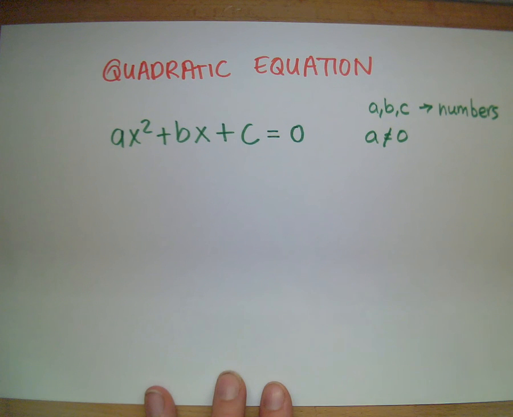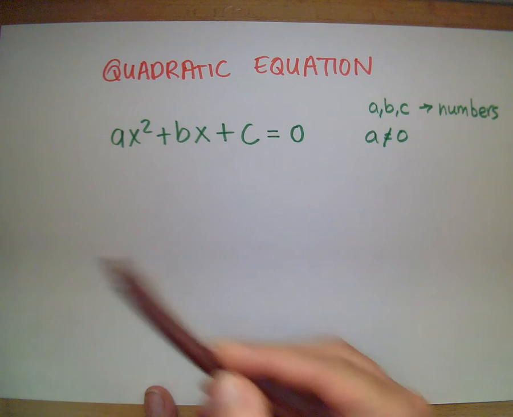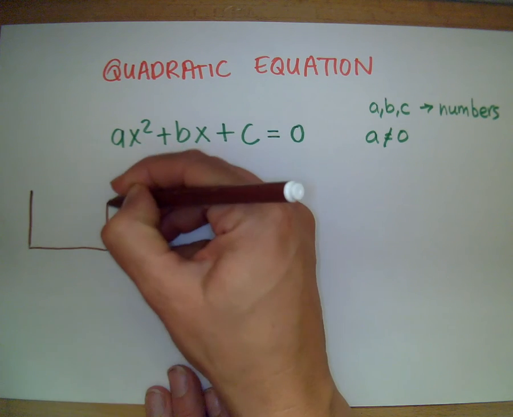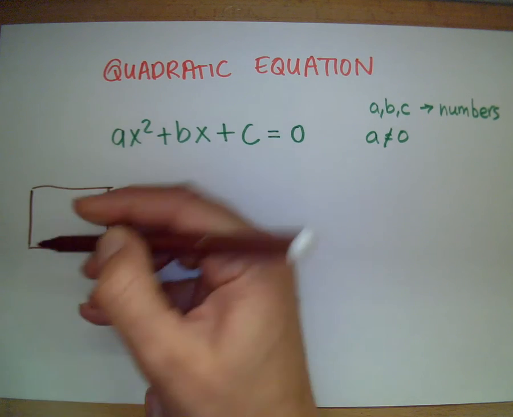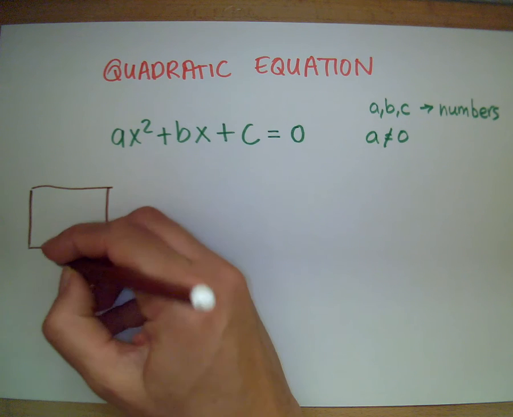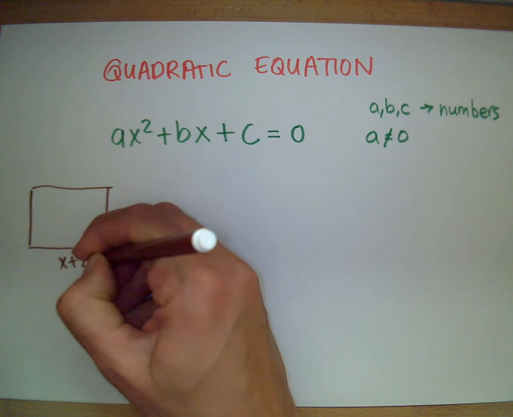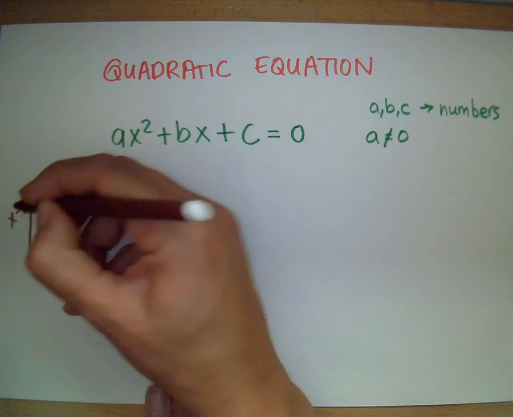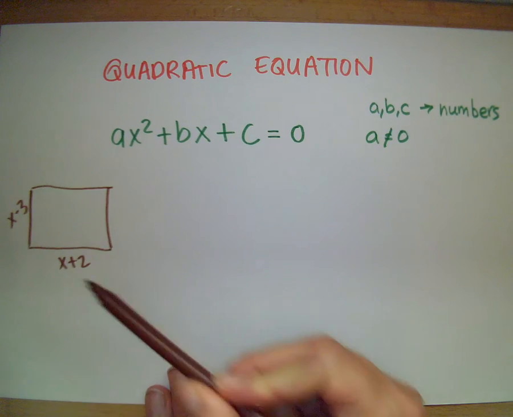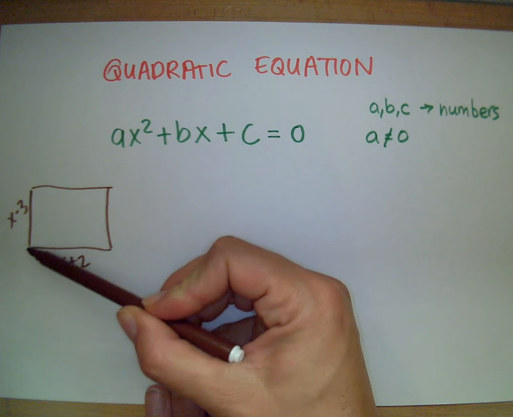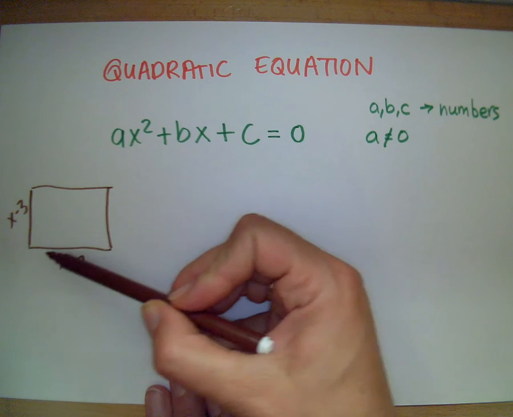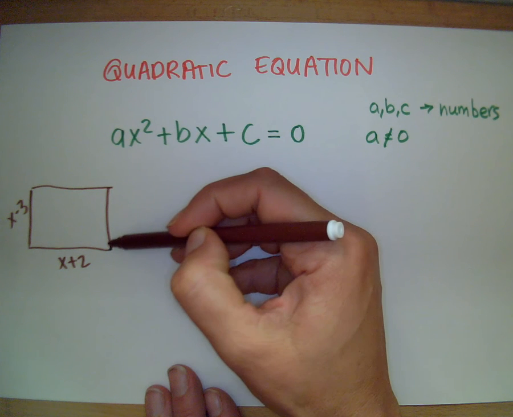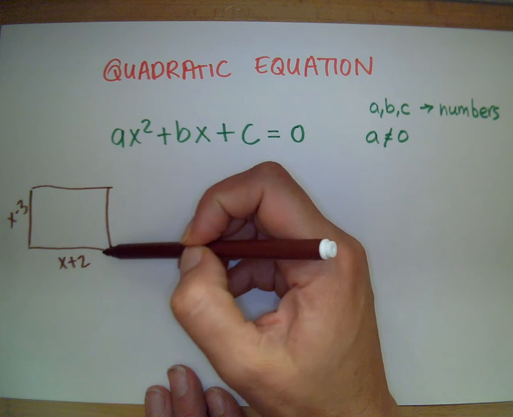I want you to first look quickly at this example. Say this is a parking space or some kind of field or pavement in the backyard. Say that this is the height and this is the width. If it's a field, it's going to be width and length and no height.